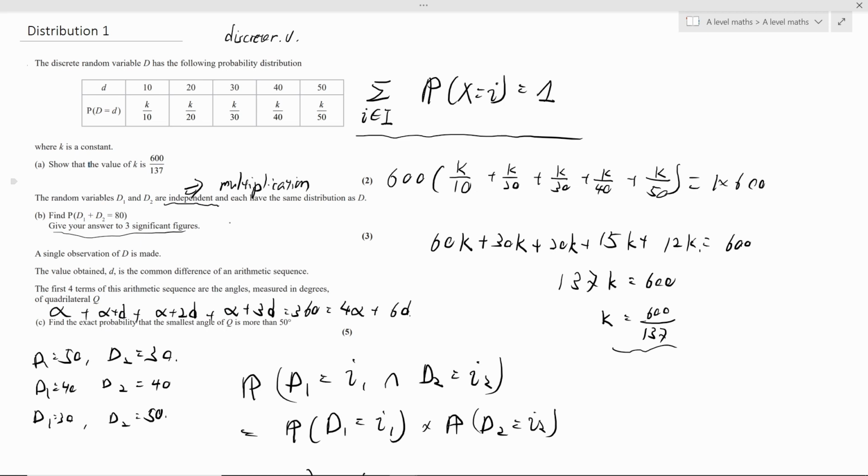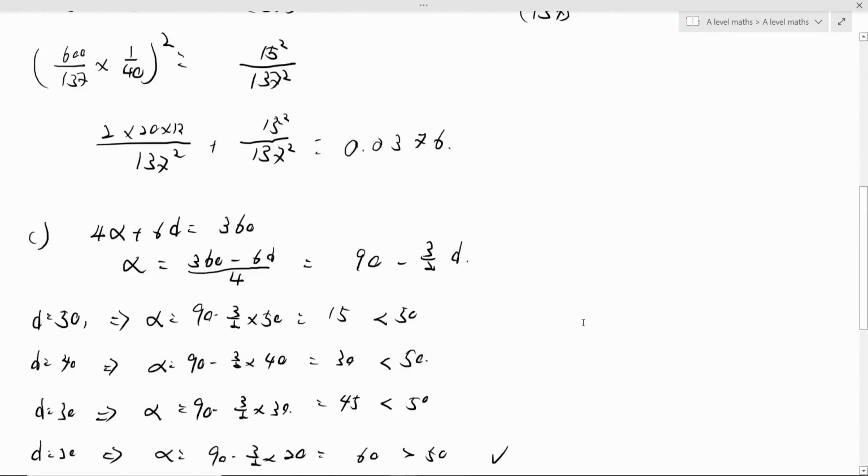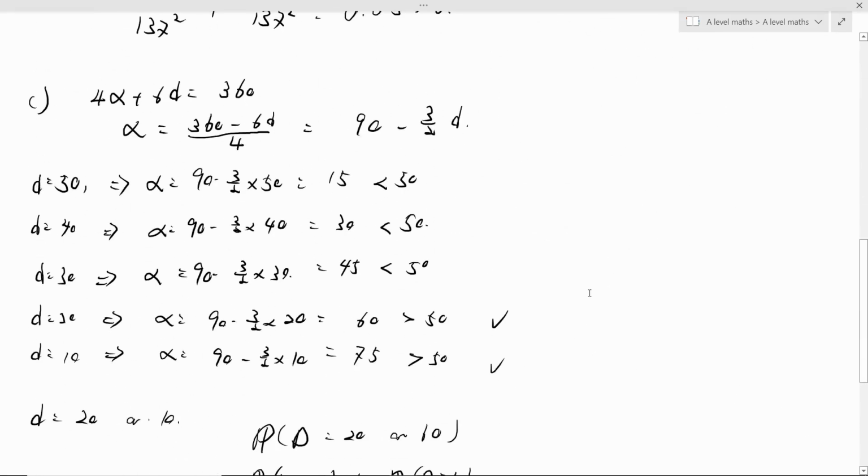But other than that, if you realize the relationship between alpha and your smallest angle, the common difference d, the formula gives alpha is 90 minus 3/2 times d, and it lets you quickly calculate all the possible values of alpha given all the 5 possibilities of d. And just verify them by brute force. It should cause no difficulties in doing so.